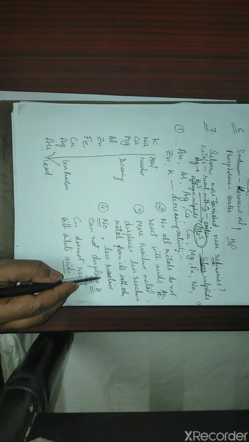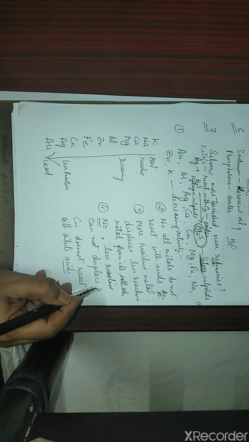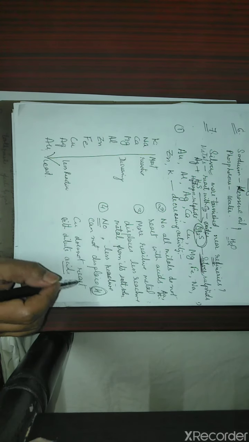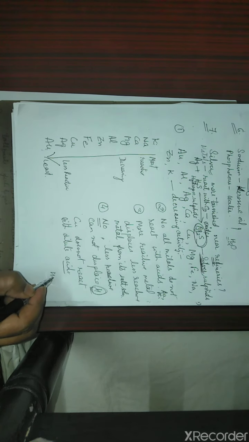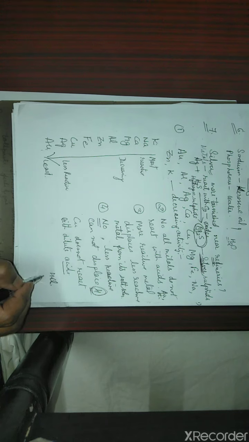Why? Because it cannot displace hydrogen from the acid. Suppose I have H2SO4 or HCl. Now because copper is below in the series, I hope you remember that.